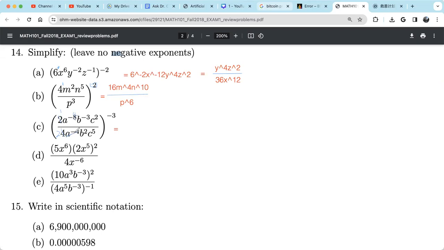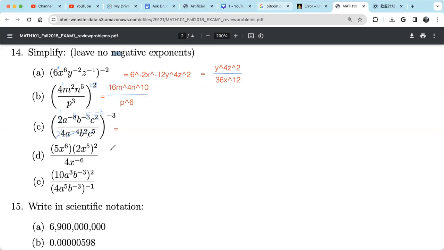And the denominator has no more a. For b term, b raised by -3, then b squared in the denominator. So division, subtract exponents. -3 minus 2 is -5. So b raised by -5. C squared, then c to the 5 in the denominator. So 2 minus 5, that's -3. So c raised by -3.